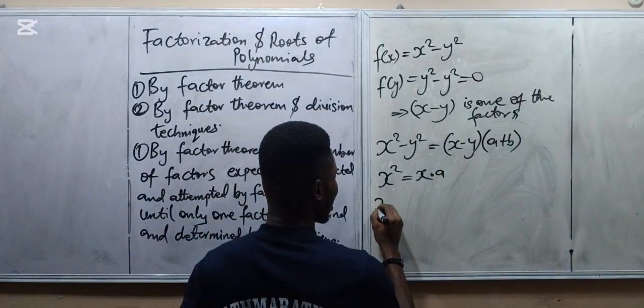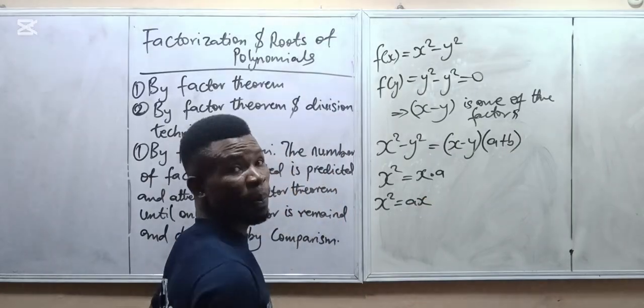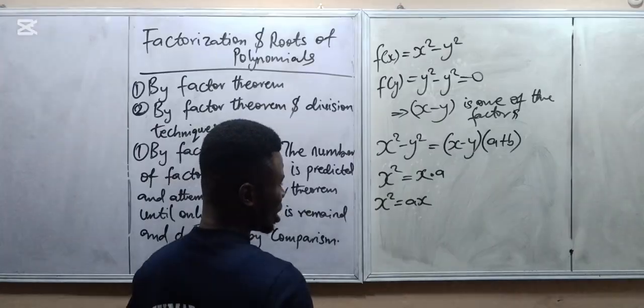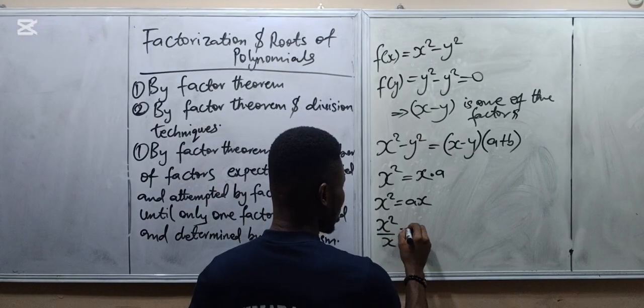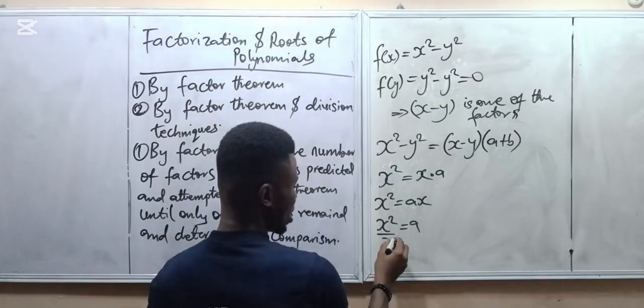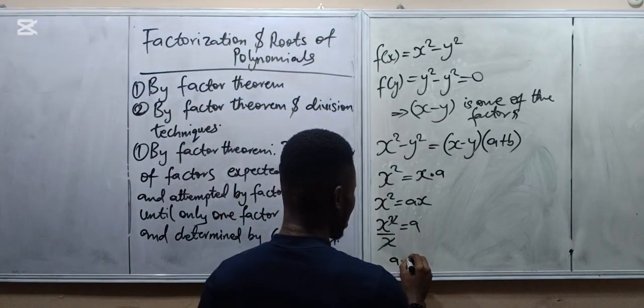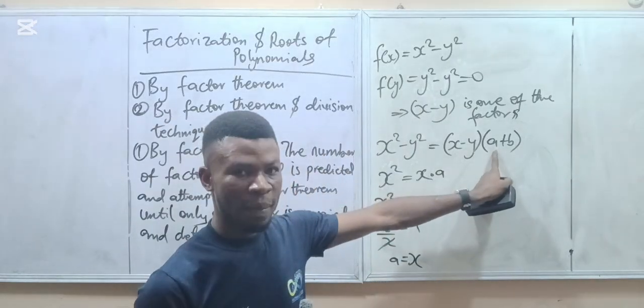This tells us that x squared is equal to ax. Now to get the value of a, we divide both sides by x. We have x squared over x is equal to a, and x cancels one of the x's. Notice that a is equal to x. So we've gotten a here.